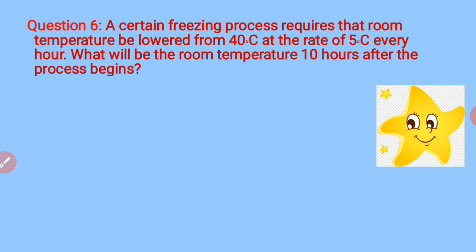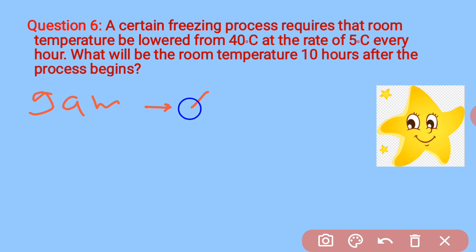So we'll try with some smaller number, then we'll come to this question. Now, let's start with the room temperature, say at 9 a.m. 9 a.m. Let the temperature be 40 degree Celsius.